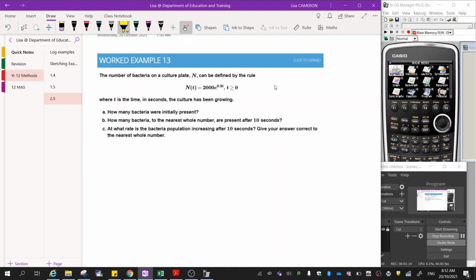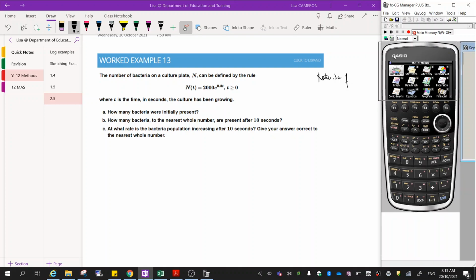Remember, a rate is a fancy way of saying gradient. Now, gradient is a fancy way of saying calculate the derivative.